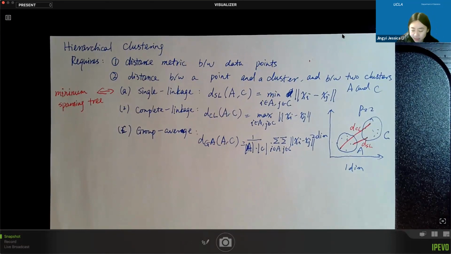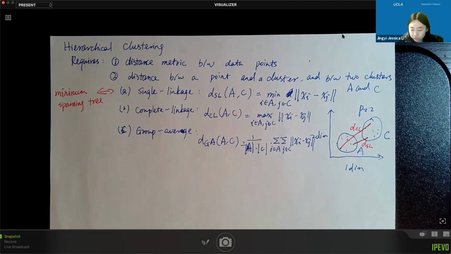You start with n data points and you gradually merge data points into clusters. At every step, you reduce the effective cluster number by 1. So you start with n clusters, each cluster containing 1 data point, and then you combine 2 data points to have n minus 1 clusters, and finally you will converge to 1 cluster.